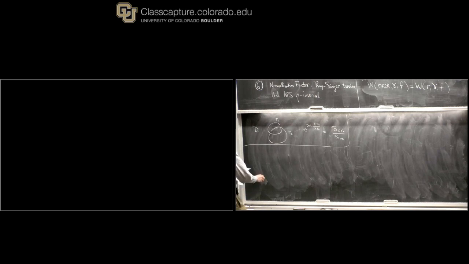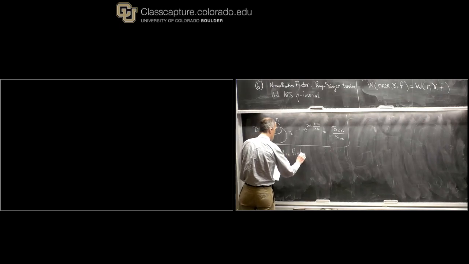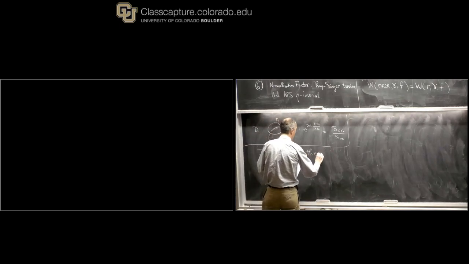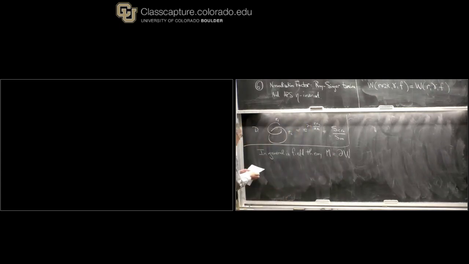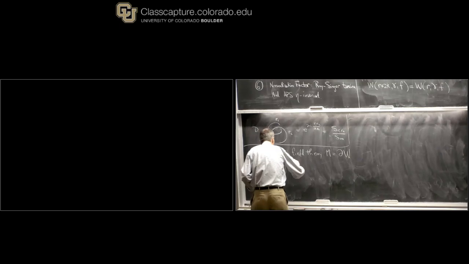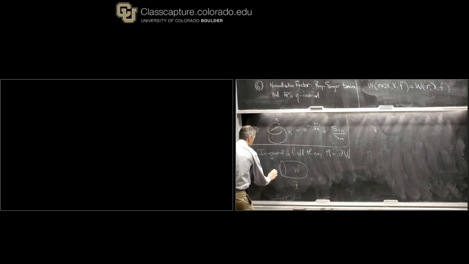Okay, so again, in general, in field theory, if I have a manifold which is a boundary of another manifold, and I have some fields on W, let's say we have fields phi here, well, we'll have to put some boundary conditions on those fields. Let's just call it phi sub delta.